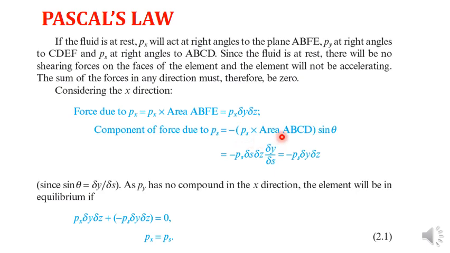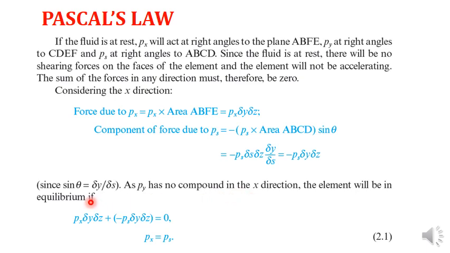This gives you the force multiplied by the area, and then its component by multiplying with the sine of theta. Finally, inputting the values in dimensional form, you get ps into delta y into delta z, and this component of ps in the x direction will be in the negative x direction, so the minus sign will be there.